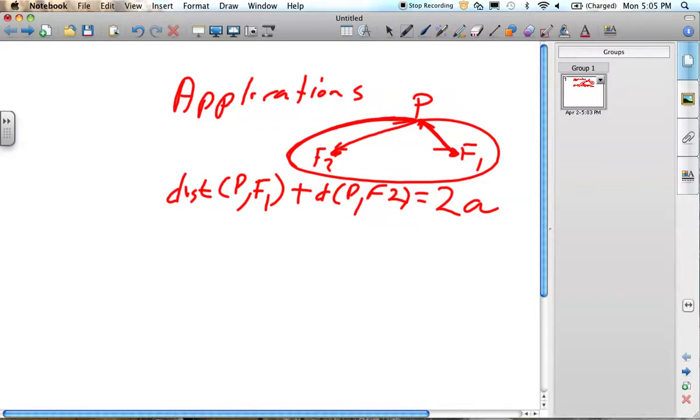This is one little formula you're going to need to know. The sum of all these distances in an ellipse is the same.